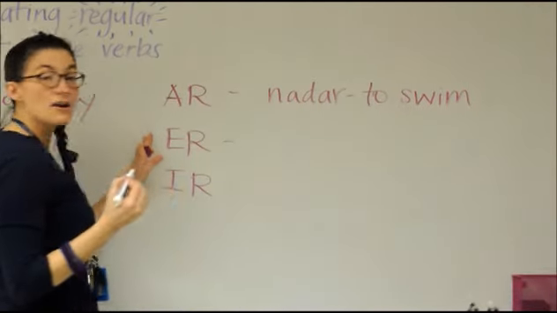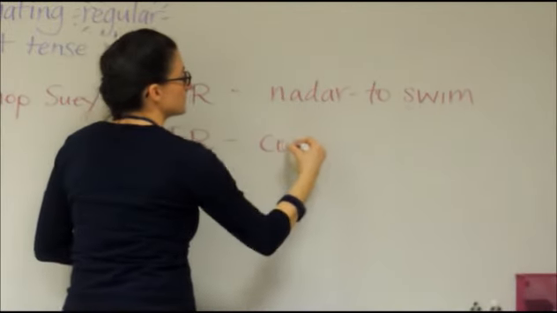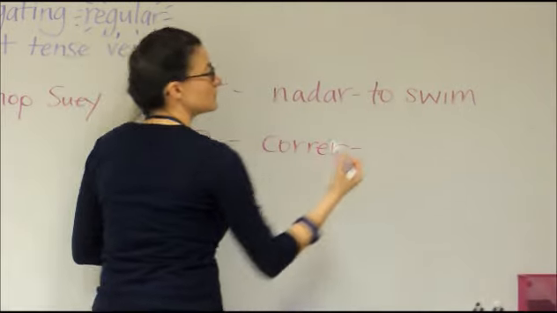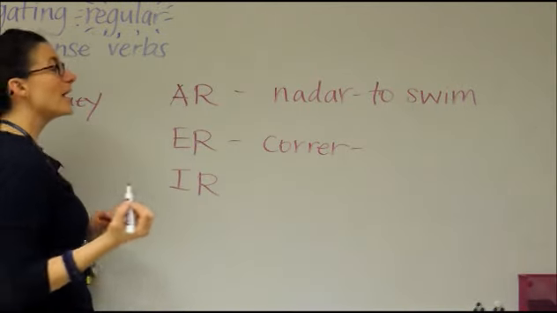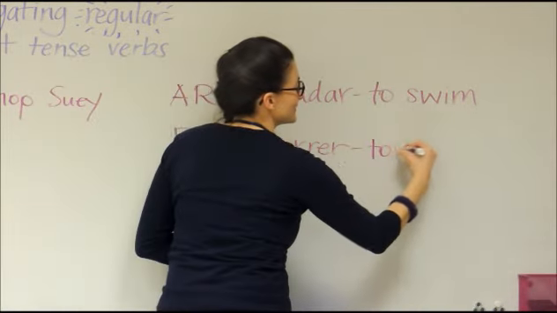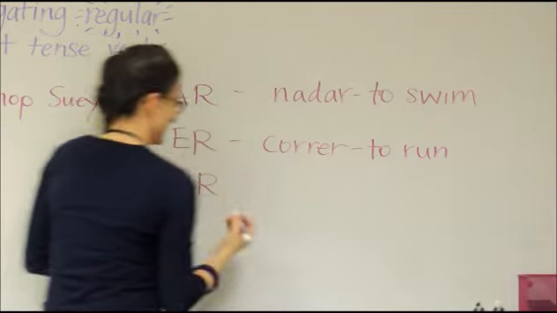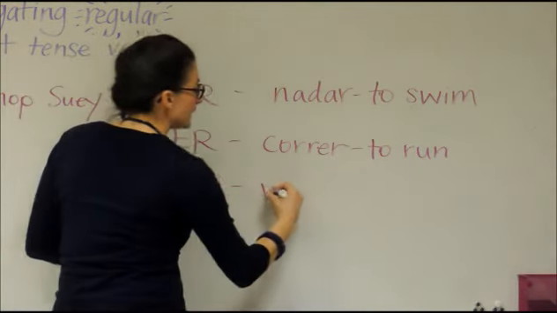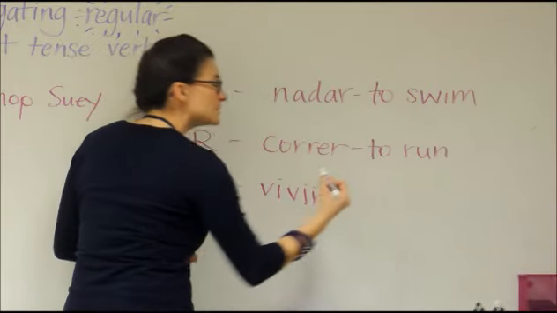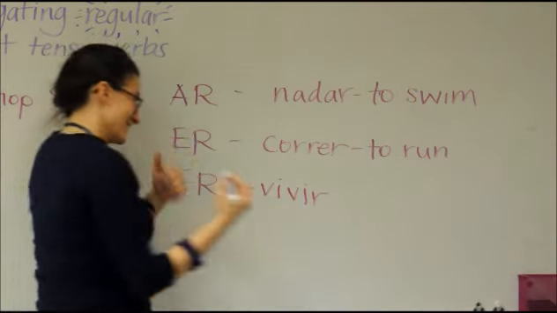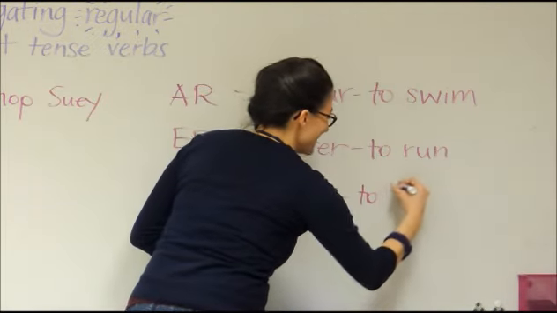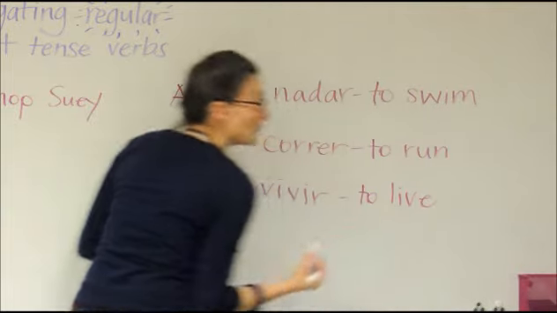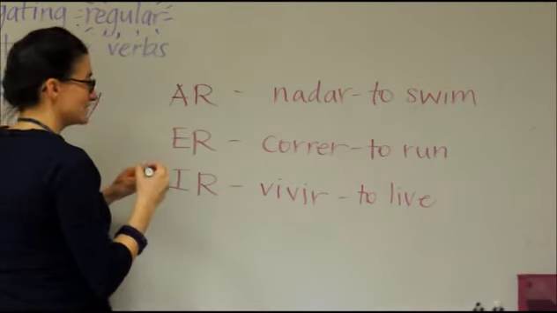An example of an ER verb would be correr. What does correr mean? To run. Muy bien. And another basic IR verb could be vivir. What does vivir mean? To live. We live. Muy bien, estudiantes.